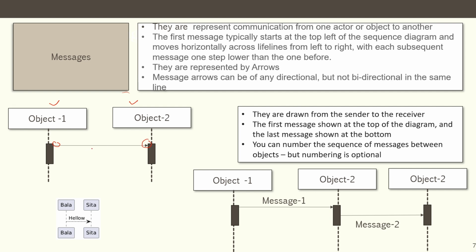This arrow indicates a communication from one actor to another actor. It usually starts at the top and ends here. If you look here, between these two lifelines, you can have an arrow connecting the two lifelines, which starts from here and ends here.